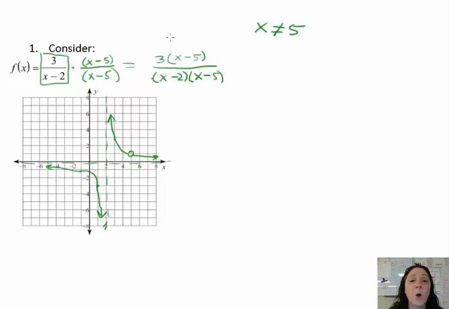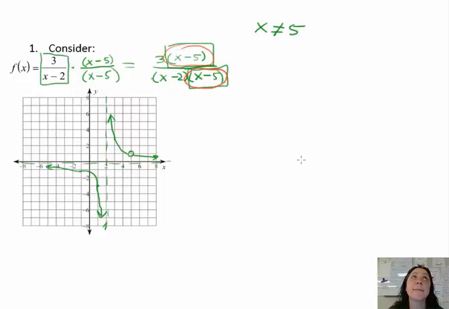So this is how a hole is formed. I have a factor in the numerator that is the same as a factor in the denominator. So x minus 5 here and x minus 5 here.